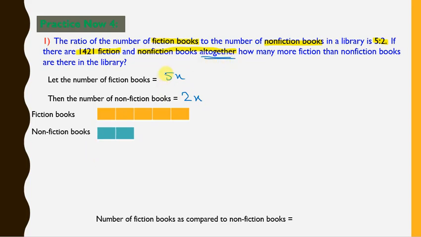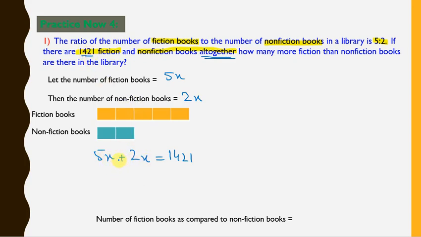It means that if we add them together, 5x plus 2x, then their number will be 1421, because fiction and non-fiction books together, when they are added, make 1421. Make sense?